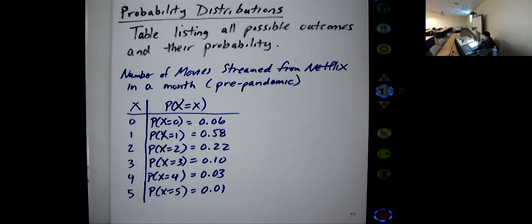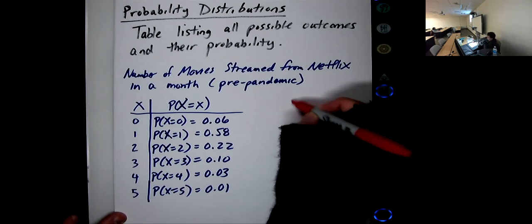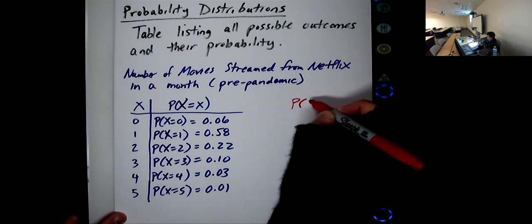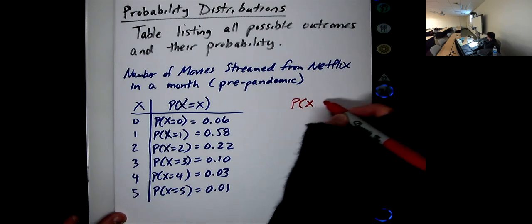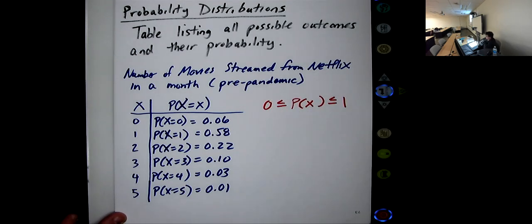All right, so note here. Notice that all the probabilities are less than 1. They're also all bigger than 0. This is a rule.